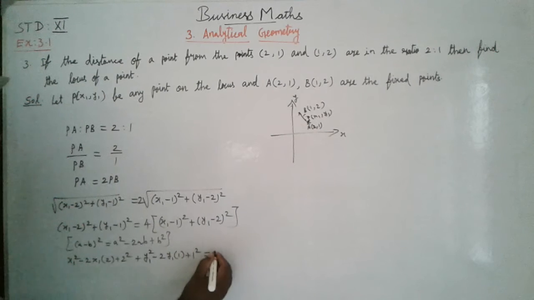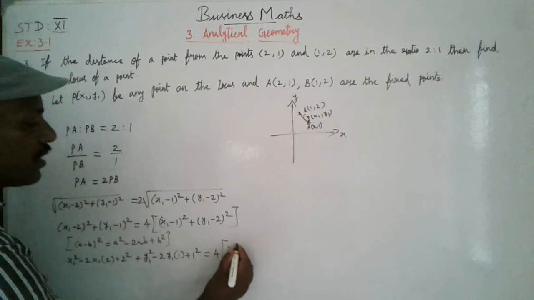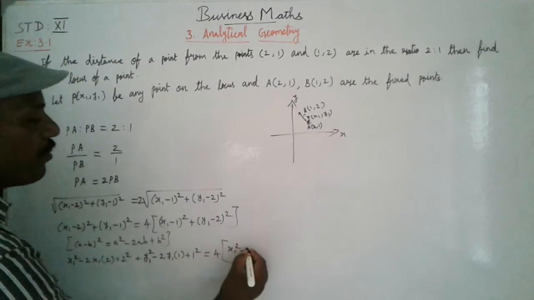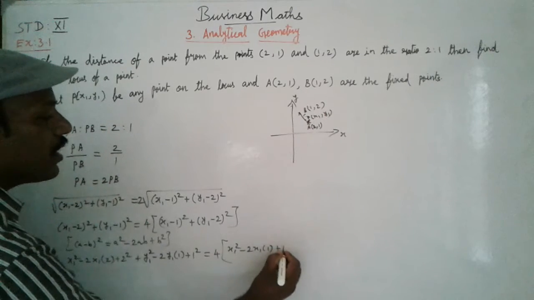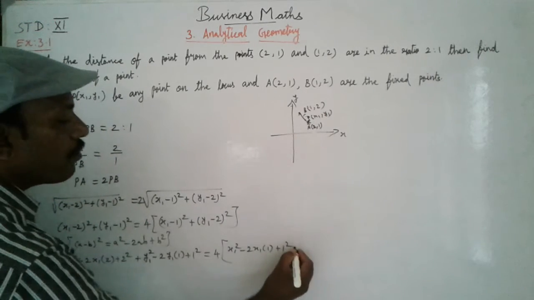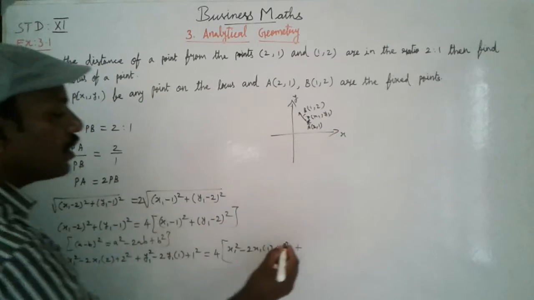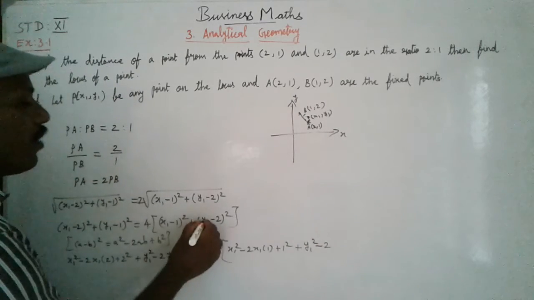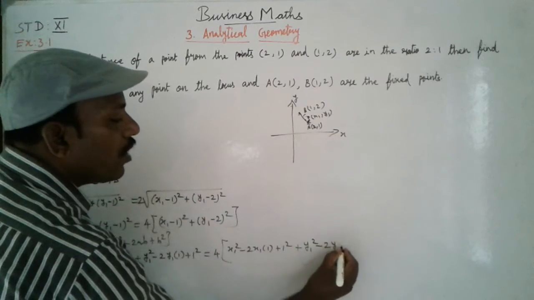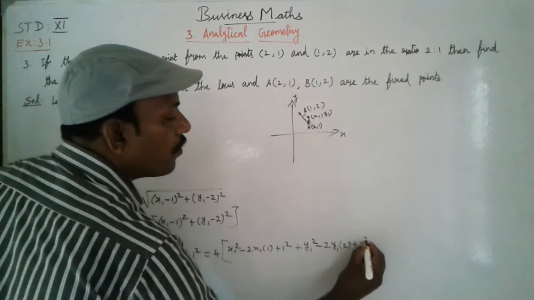Equal to 4 into, here the (a minus b) whole square formula: x1 square minus 2 into x1 into 1 plus 1 square, plus the same formula we should use, a is y1, b is 2. So y1 square minus 2 into y1 into 2 plus 2 square.